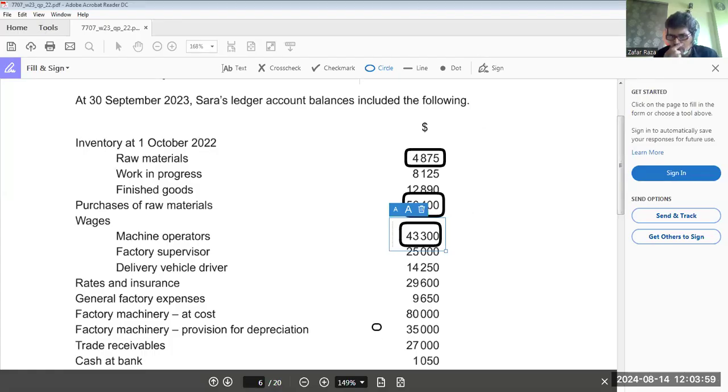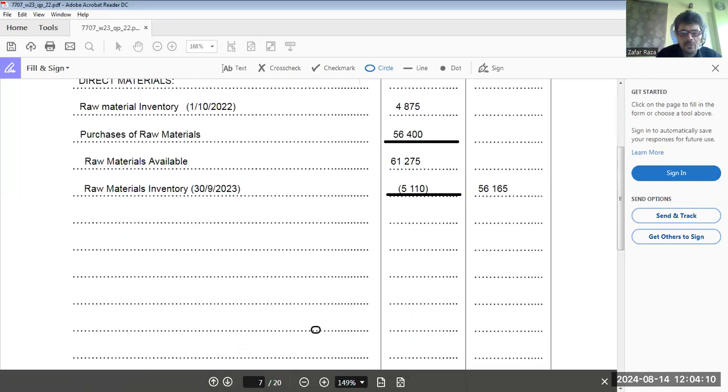Okay. Now, machine operators, 43,300 is the direct labor cost. So we are going to report it over here. After direct material, we are going to report here direct labor. Direct labor. That is how much?